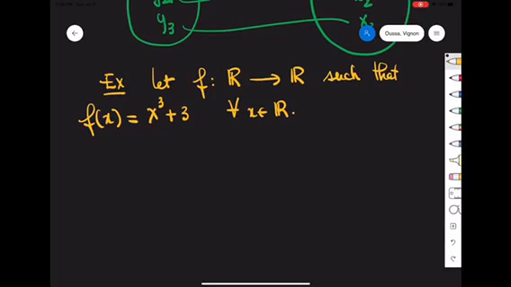Now, to compute the inverse of this function, you can set y to be x cubed plus 3. Now, you solve for x, so you get that x cubed is y minus 3, and then you take the cubic root.